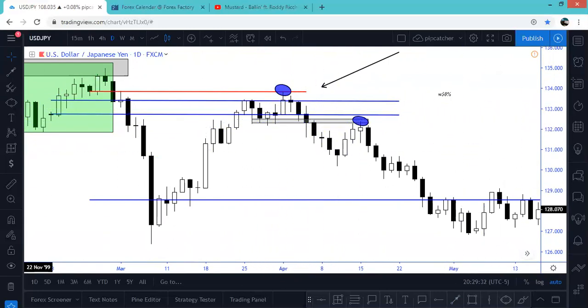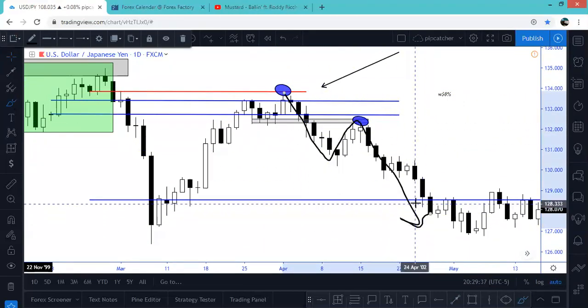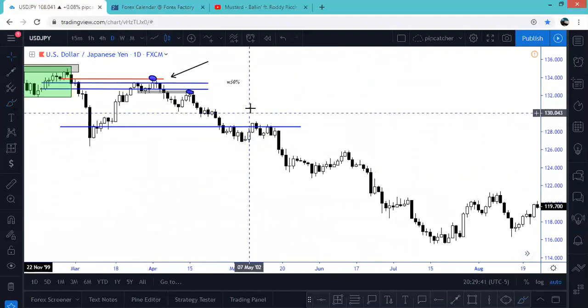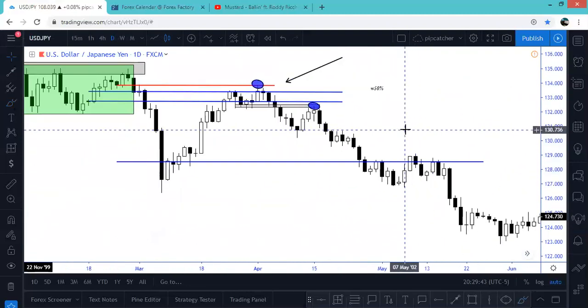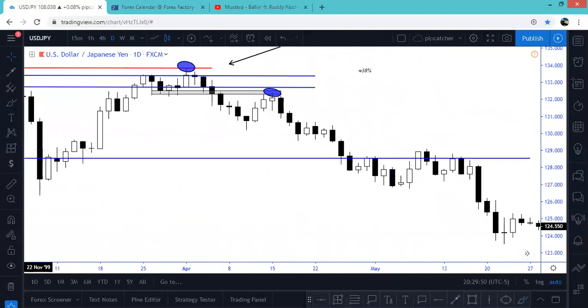So it acts as a break and a retest type of thing. Okay? And it just does it again. It does it again right here. That's crazy, all them missed entries.